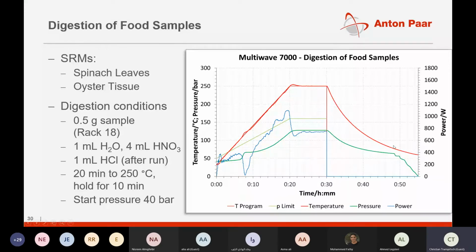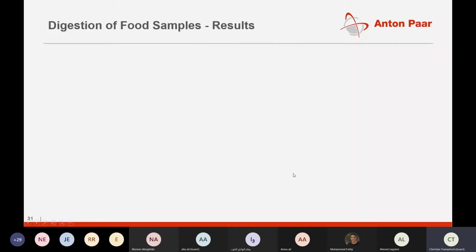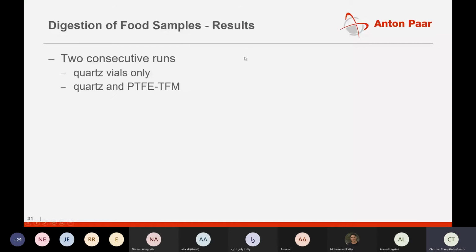When we reach, in that case, 80 degrees, we automatically start to decrease the pressure and the run is finished. And what we did in this report, we made two runs, one with the quartz vials only, and one where we mixed quartz and PTFE TFM vials.